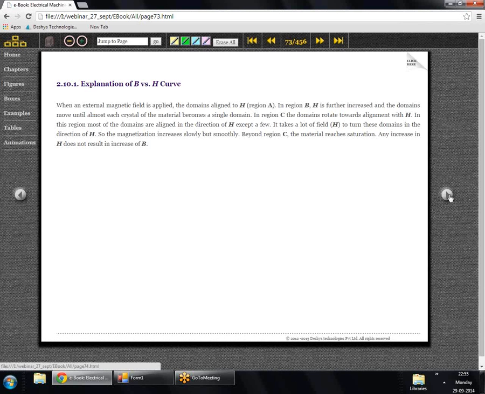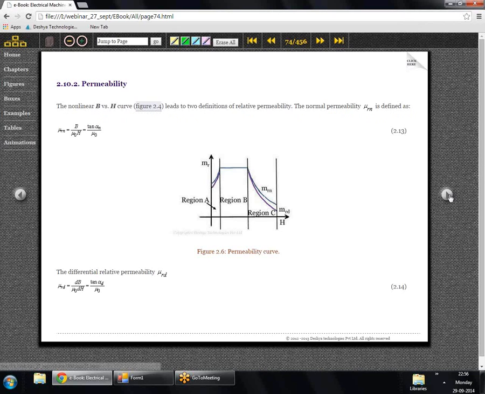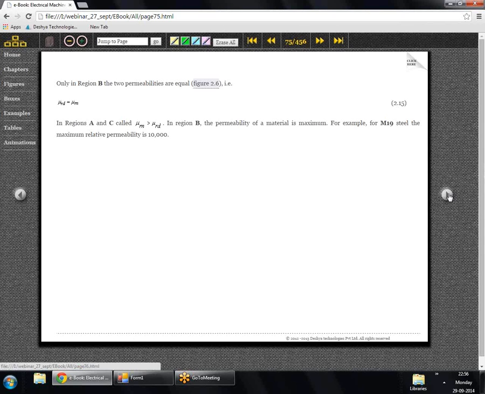Now the detailed explanations of it are given in our ebook, so all the users of this ebook will find the detailed explanation of the BH curve. Due to shortage of time for this webinar, we are not going into the details of the BH curve, and users of the book can easily find that inside our material.